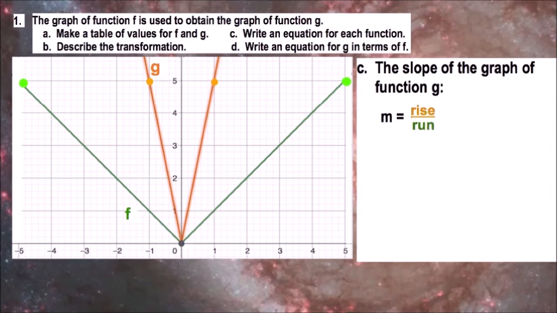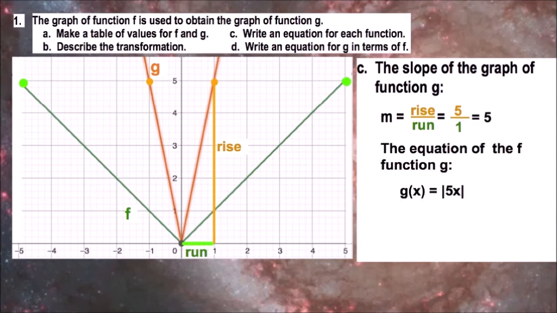The slope of the graph of function g, similarly, slope is equal to rise over run, rise 5 units, run 1 unit. Thus the slope is 5. And the equation of the function g, g of x, equals absolute value of 5x.